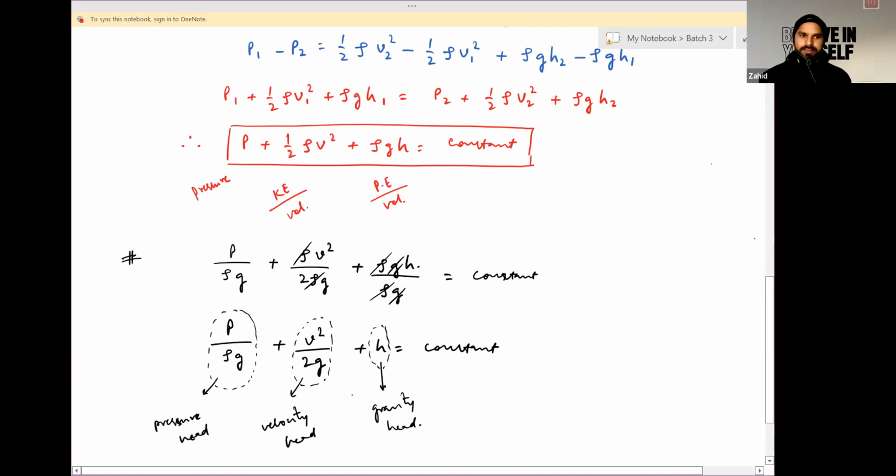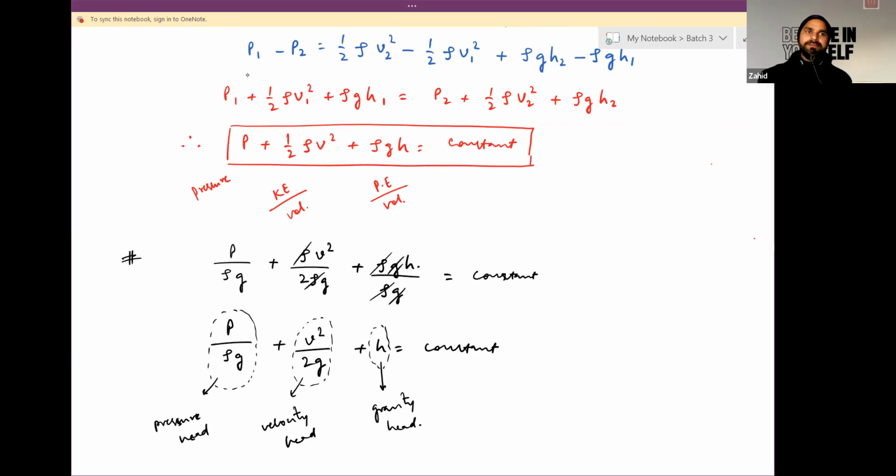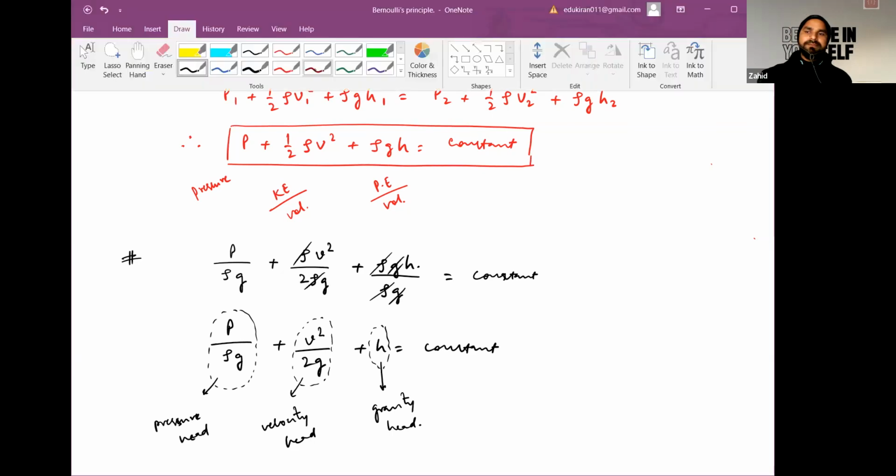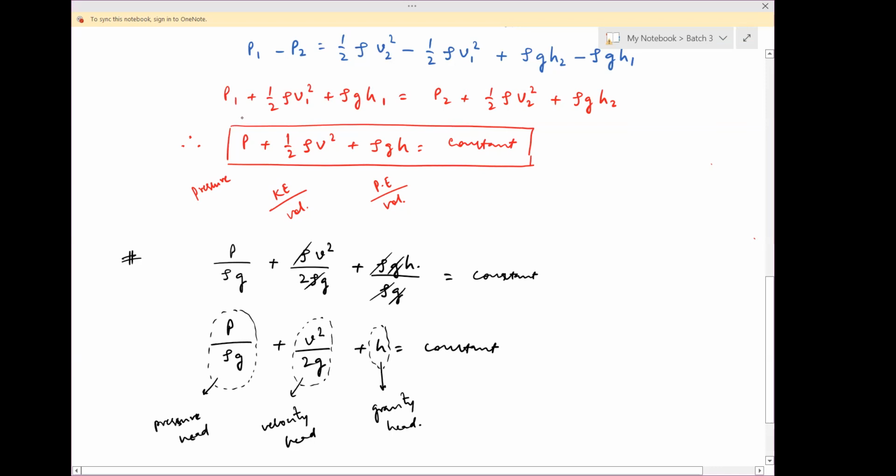So you can say the sum of these terms at any instant for the flow of liquid should be constant. Or you'll be asked directly to find the velocity head at a particular instant of motion. Is it clear? Abhinav, any doubt? No doubt, sir. Okay.